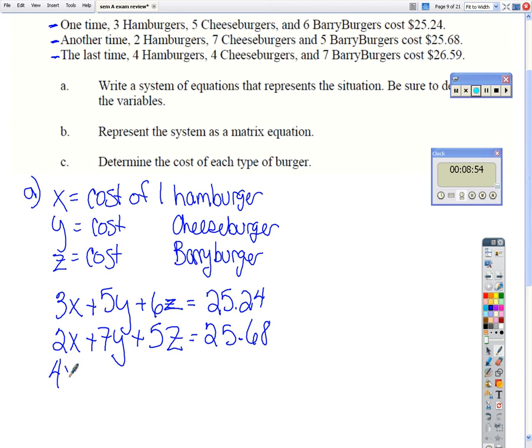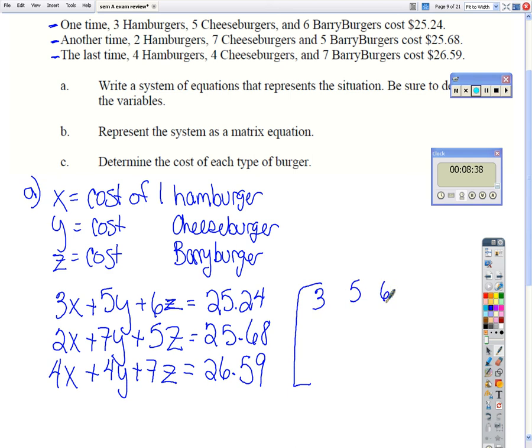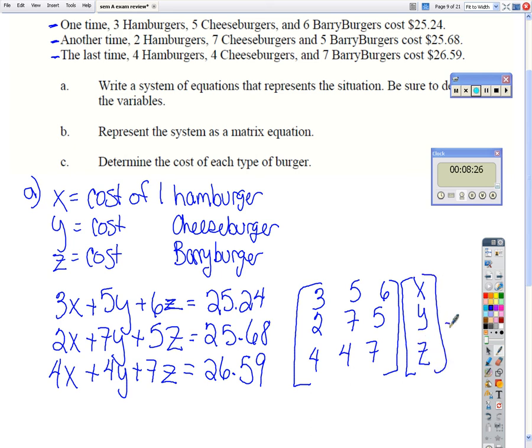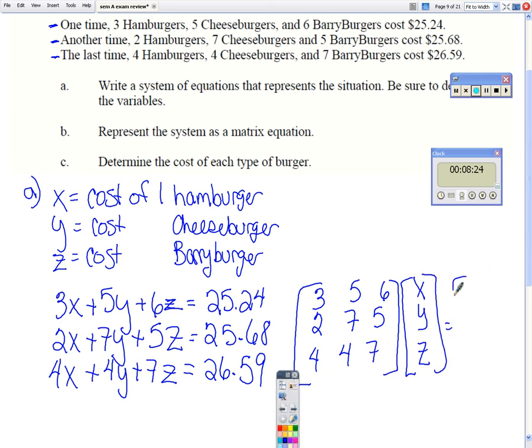And 4 hamburgers plus 4 cheeseburgers and 7 berry burgers is $26.59. So now to write that as a matrix, I'm going to take my coefficients for the first matrix. My variables are the next matrix, and they equal the money.